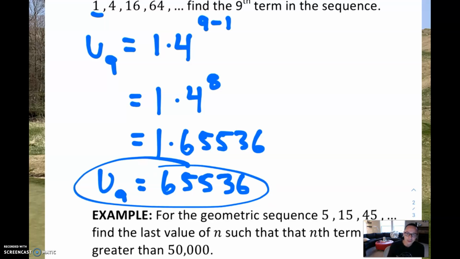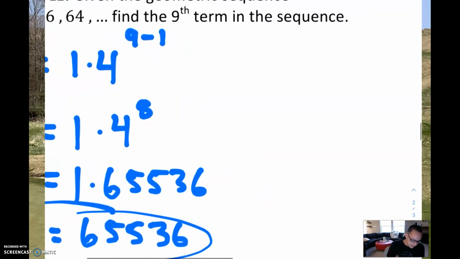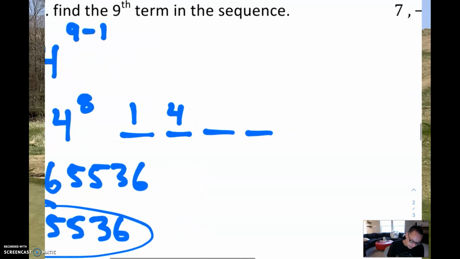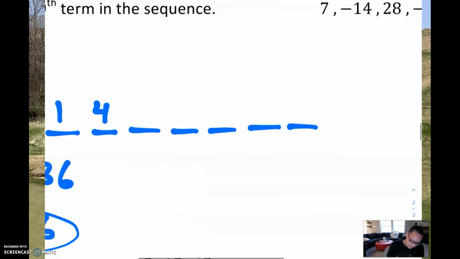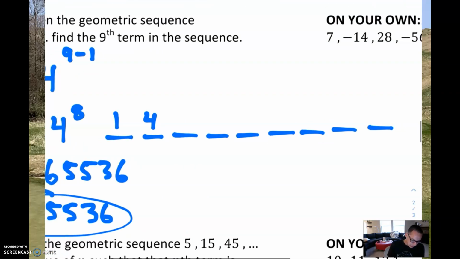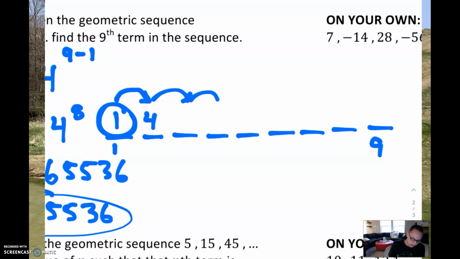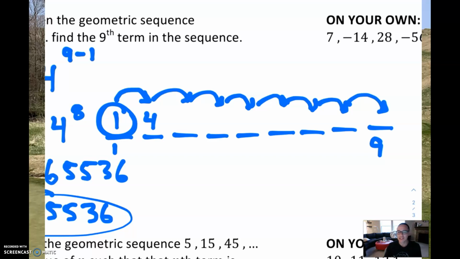So once again, I want to show you why this formula works out the way it does. So you have the first term is a 1, the second term is a 4, third term, fourth term, fifth, sixth, seventh, eighth, and ninth. So we're starting here at this 1, that's our first term. We're trying to get to our ninth term over here, and we're multiplying by 4 once, twice, 3 times, 4 times, 5 times, 6, 7, and we had to multiply it 8 times in order to get to the ninth term.